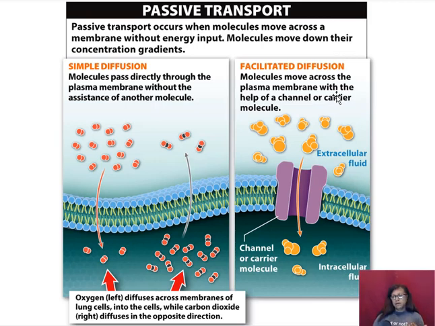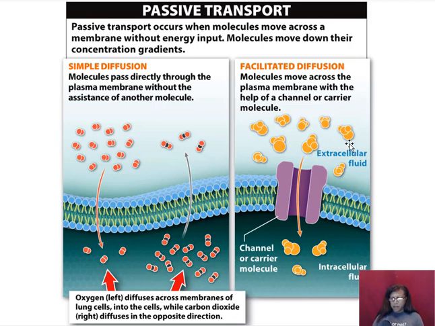But now we have something called facilitated diffusion, and now we're going to use some of these transmembrane proteins. Here we've got this channel or carrier molecule, this transmembrane protein, and say the cell needs to move a certain molecule. Molecules can move across the plasma membrane with the help of a channel or carrier molecule.